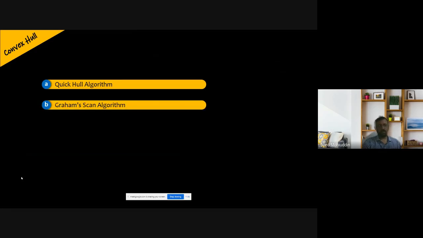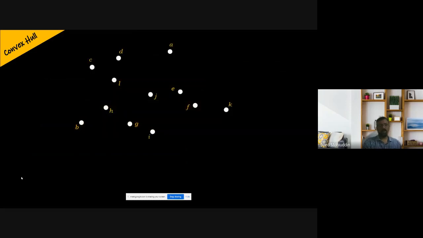The other one is the Graham scan algorithm, which doesn't use divide and conquer, but it is considered an efficient algorithm compared to the brute force approach. The last one is the DC hull algorithm. Now let us look at the quick hull algorithm, which uses a divide and conquer approach.